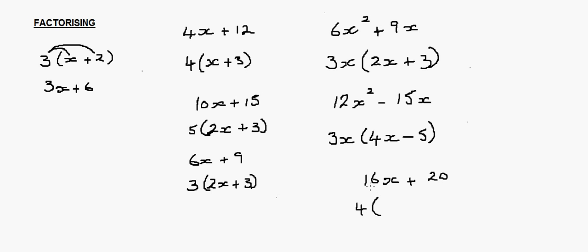Now 4 goes into 16, 4, and this must be 4x, because 4 times 4x gives me 16x, plus 4 times 5 will give me 20 that I need. So familiarise yourself with these basics first, and then go to factorising part 2 and we'll look into this. It's just practice.